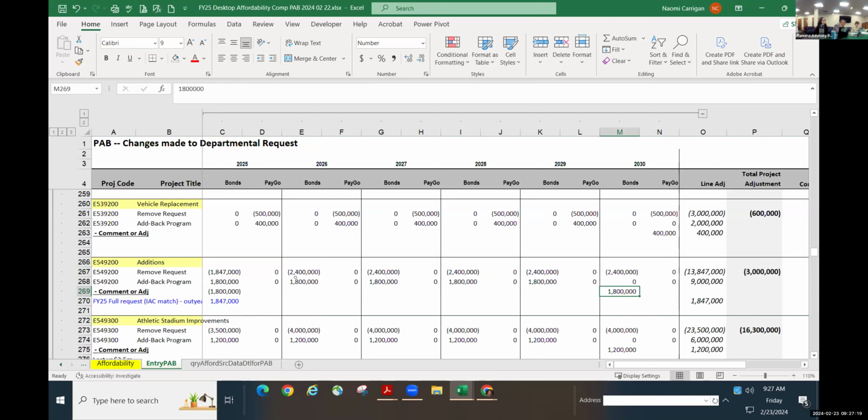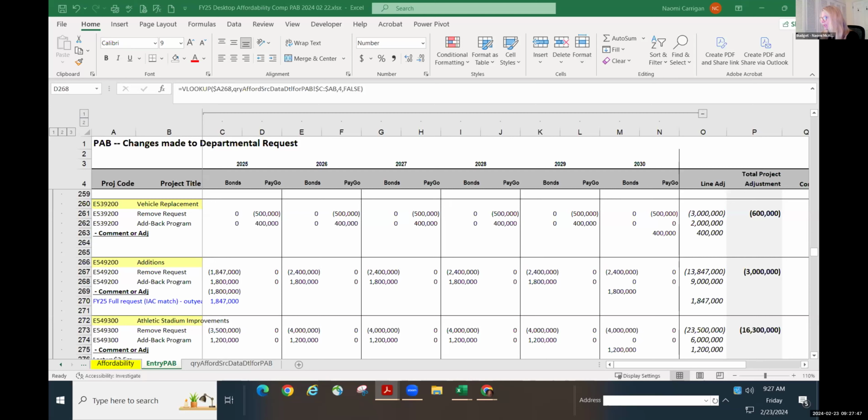Sounds good. It looks like, Naomi, I thought we had 3 million in there. So just keep in mind, this is just bonds and PAYGO we're looking at because we're calculating affordability. But let me pull up that capital project here. 5.92. So there's only 1.847 million in bonds.